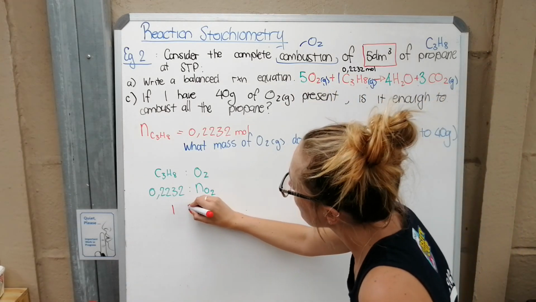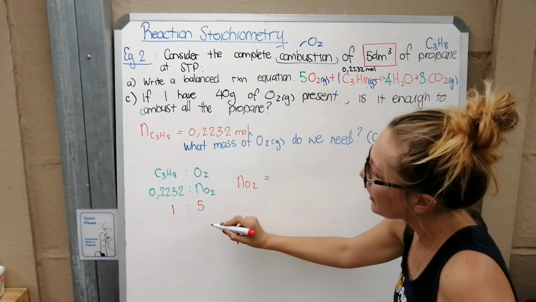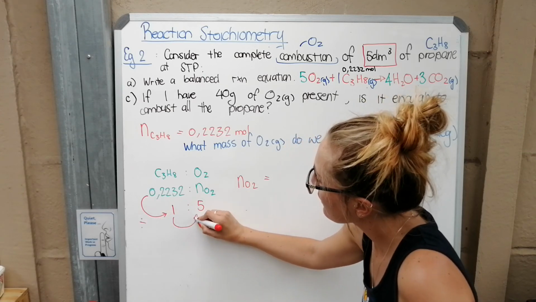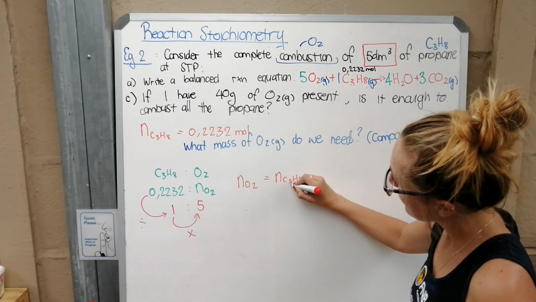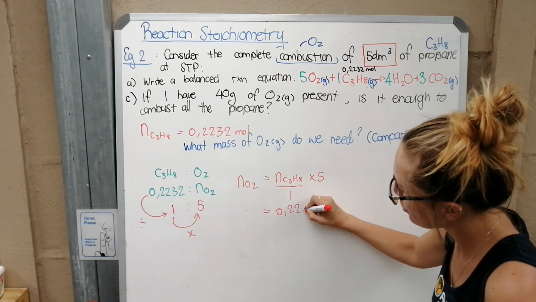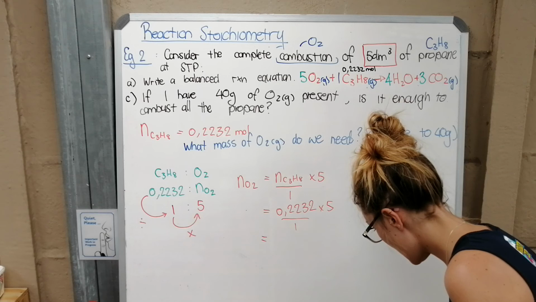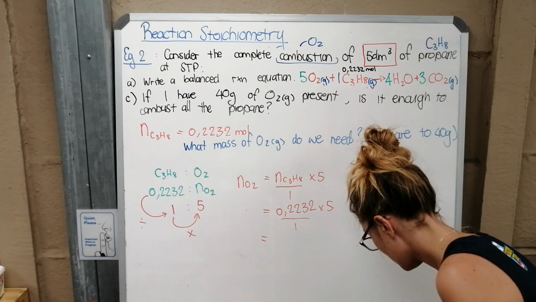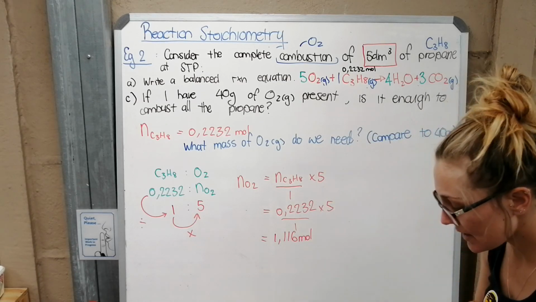So to determine the number of moles of O2, we say number of moles of propane divided by 1 times 5, which is 0,2232 divided by 1 times 5, and we get 1,116 moles of oxygen gas.